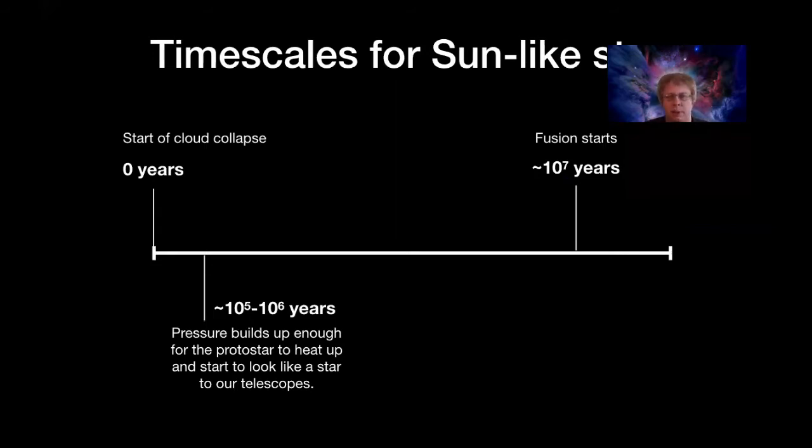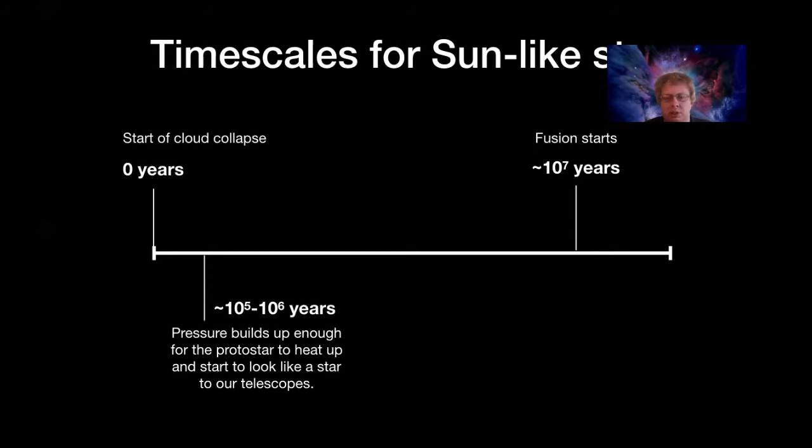So if I wanted to talk about how long this actually lasts, what I'll first show is the timescale for forming stars. So if we start counting our clock upwards at the time the cloud starts collapsing, it takes maybe 100,000 to 1,000,000 years for the cloud to build up enough pressure and to get compressed enough that small regions start to heat up and look like stars to our telescopes, even if they're not fusing hydrogen yet.